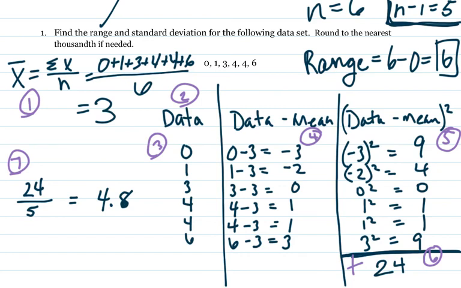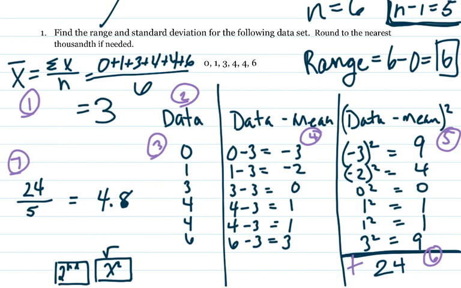And our last step is to take the square root of that number. So in your calculator, if you're using the TI-30X2S, the way you get to the square root is you push second, and then you push the x squared button, because above the x squared is your square root button.